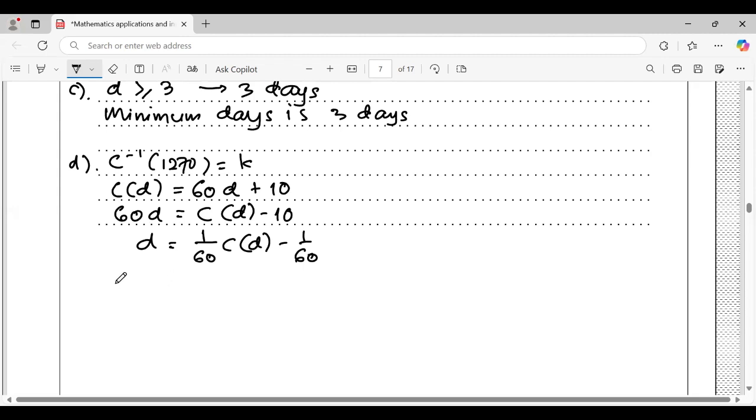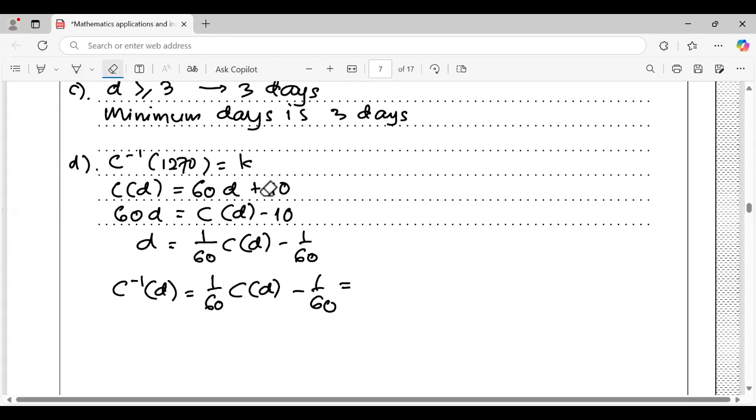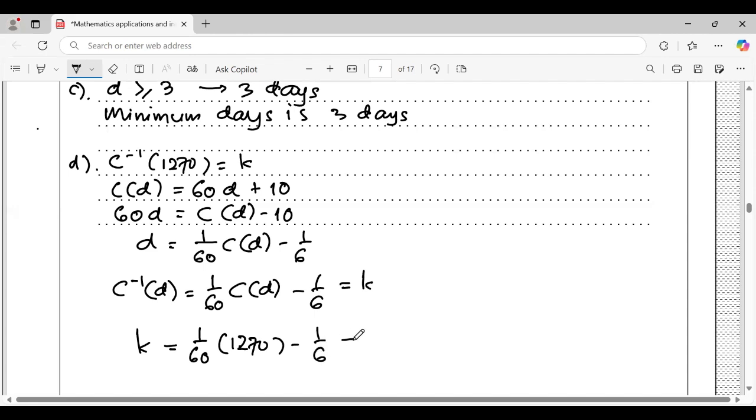And then C inverse equals 1 over 60 C(D) minus 1 over 6, sorry, not 60, because 10 divided by 60 equals 1 over 6. That equals K. So K equals, if we substitute 1270, 1 over 60 times 1270 minus 1 over 6.